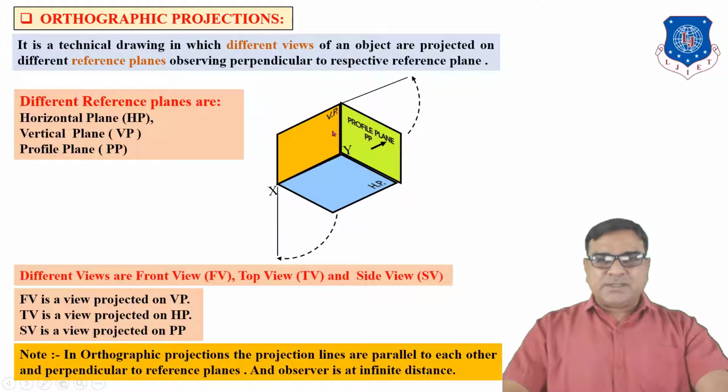We consider that all projection lines passing from the contour of the object to the vertical plane are parallel to each other and perpendicular to the vertical plane. This type of projection is known as orthographic projection.